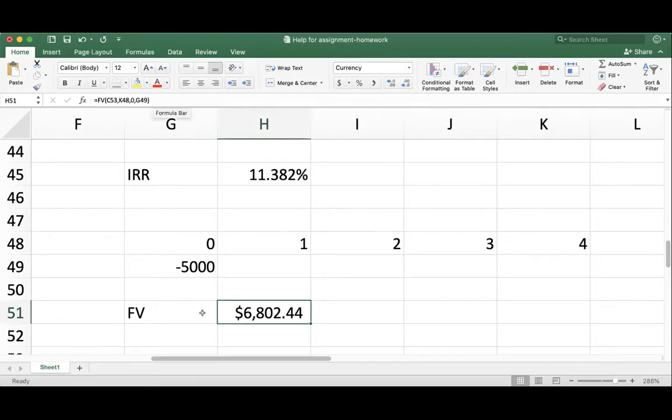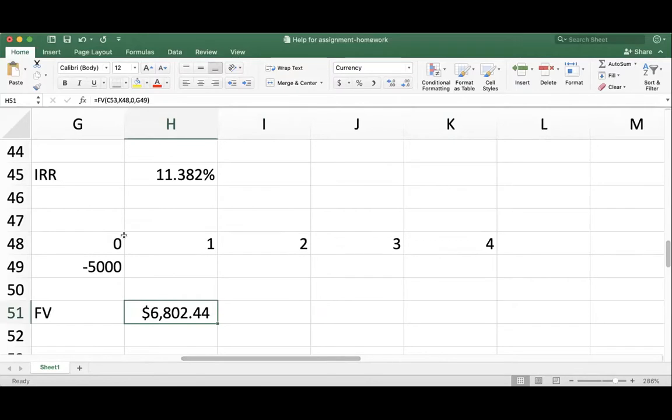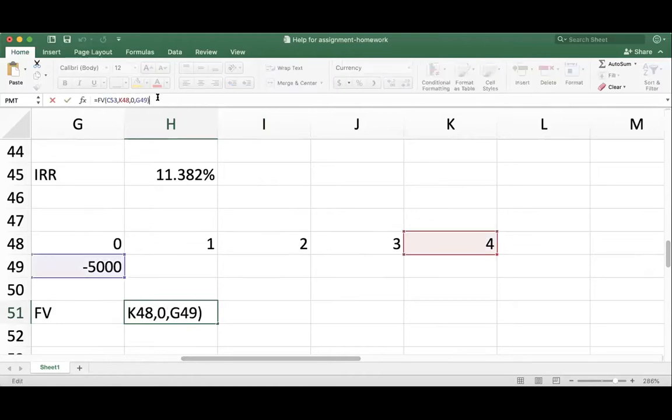I've used the cells to identify because I went over here and I made this right here. So I can put in the years, how many periods? 4 periods, K48. What's my initial amount?